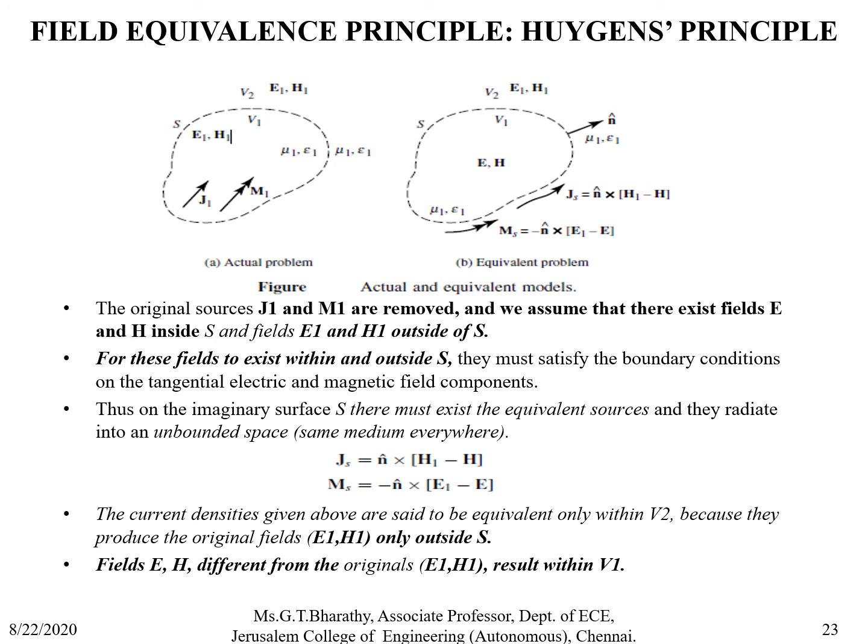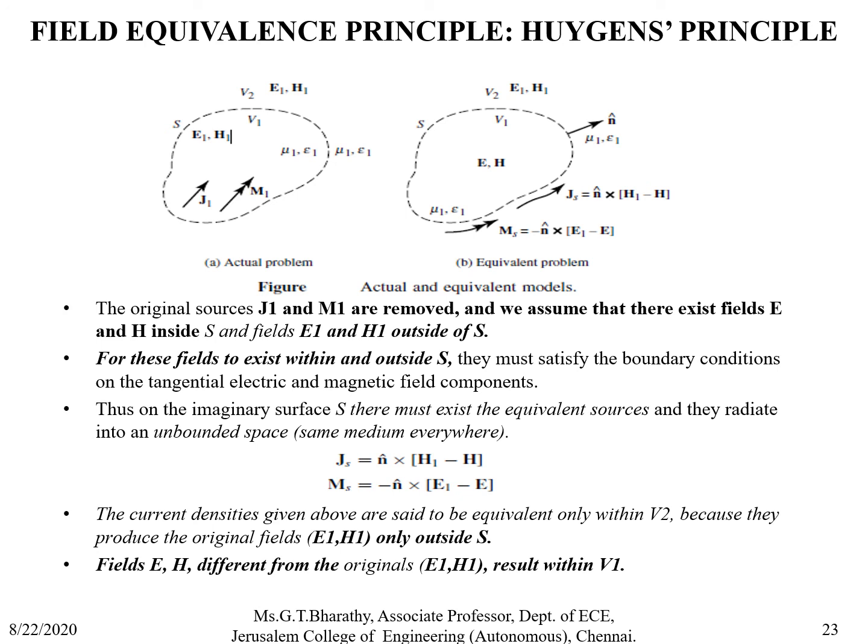Thus, on the imaginary surface S, there must exist equivalent sources, and they radiate into an unbounded space, the same medium everywhere. The conditions to be satisfied are Js equals n cap cross (H1 minus H) and Ms equals minus n cap cross (E1 minus E).